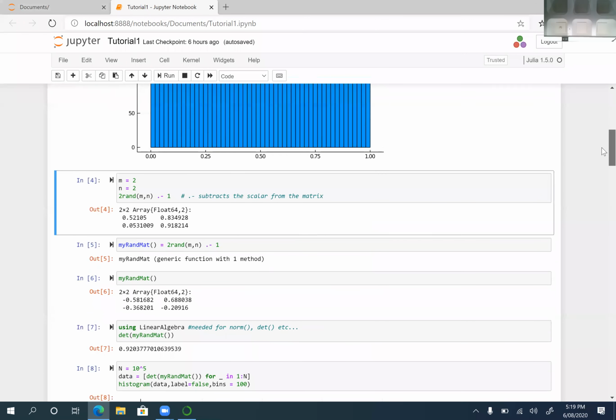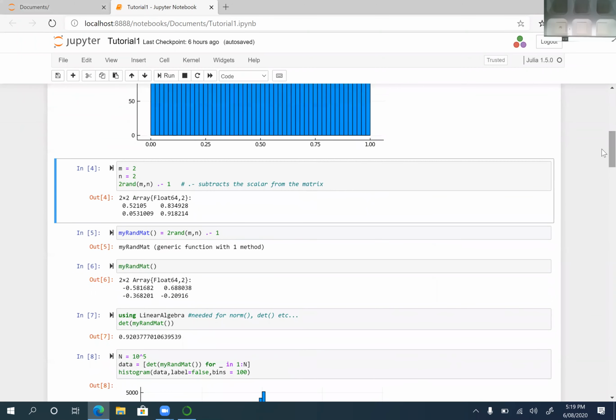Right, so we've created a random matrix, and it's displaying that in tabular form, which is handy. Okay, next, here we've just entered M and N, and then done the calculations straight away. Now, in cell 5, we're actually going to make this as a function. So we're building a function, and we're going to call it my_rand MAT.